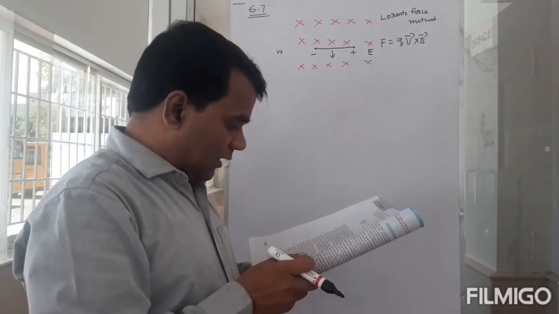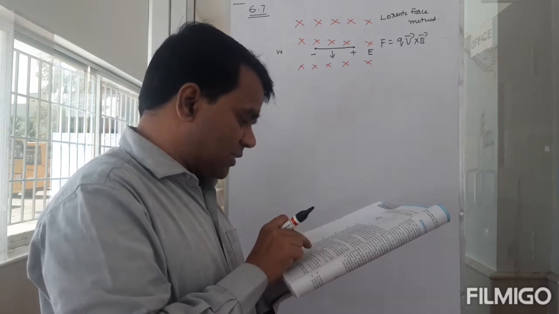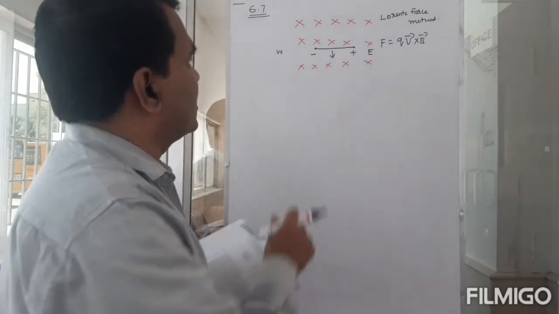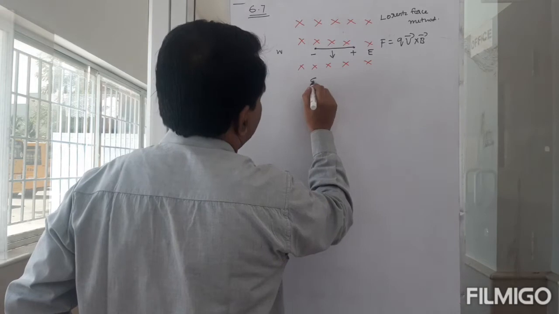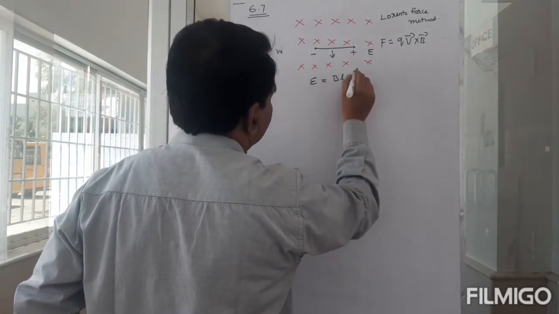Okay? And you know the speed. And what is the EMF induced? You know the EMF induced, right? You have already done that. EMF is equal to BLV.